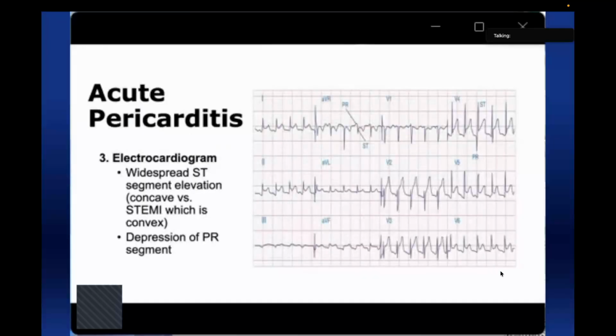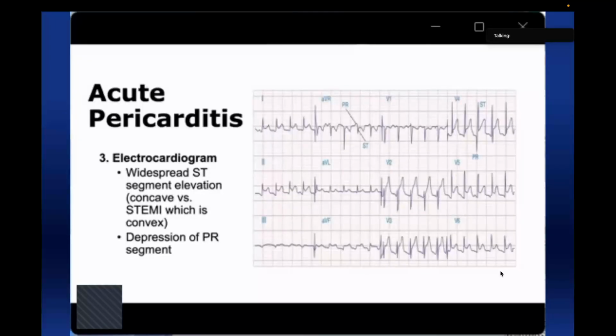In acute pericarditis, there are very noticeable ECG findings that you can see here that can mimic your ST elevation MI. But in acute pericarditis, there is a widespread ST segment elevation, which is concave compared to your ST elevation MI, which is convex.